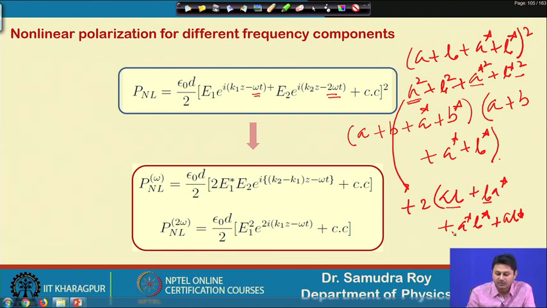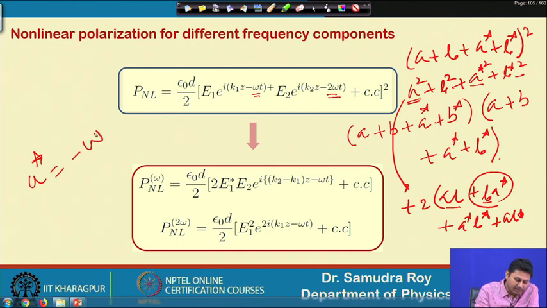And how do we get the frequency component of omega? Very easily we can find that if I make A star B, which is this term, then what is the frequency component? A star has a frequency component of minus omega, B has a frequency component of 2 omega. If I add it, A star B will have the frequency component 2 omega minus omega, which is omega.